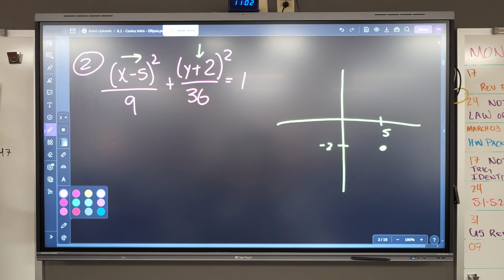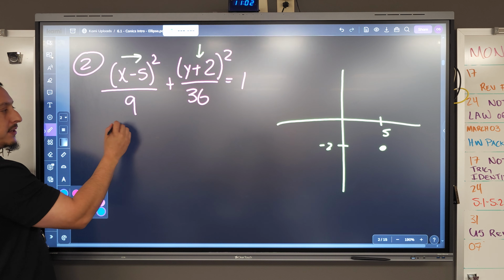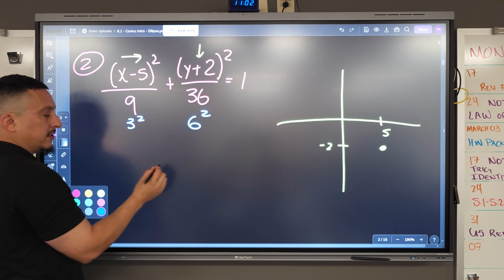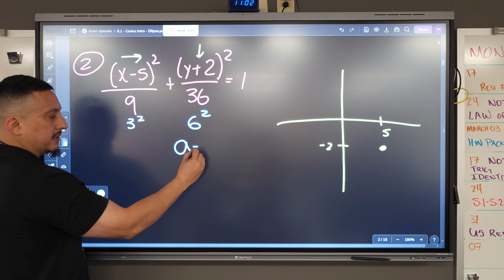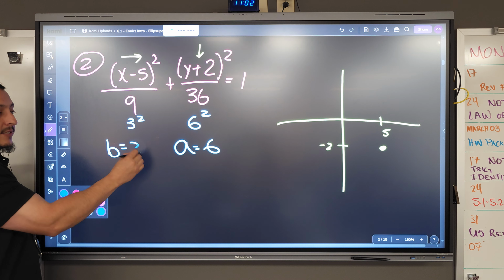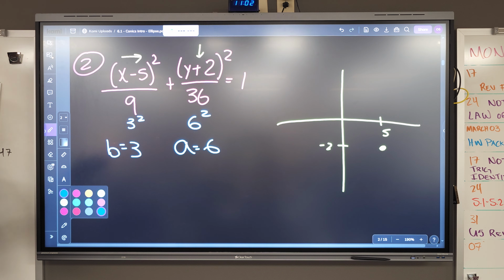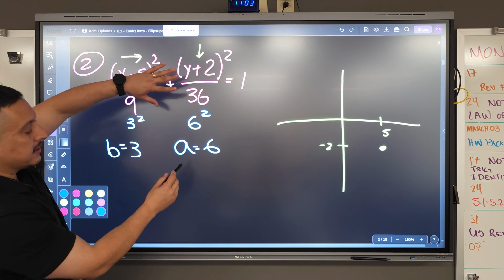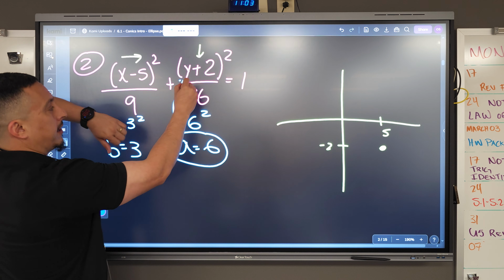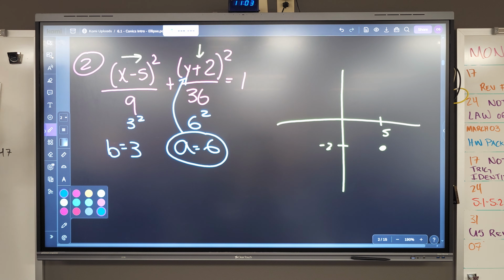Once you know the middle, the center, then you can do the radius, the axis, right? So this is really 3 squared, and that's really 6 squared. So A is 6, that's the long side, right? And then B is 3, that's the short side. Short radius, long radius. Okay, so now notice 6, the A is with the Y. So that's where you're counting 6.